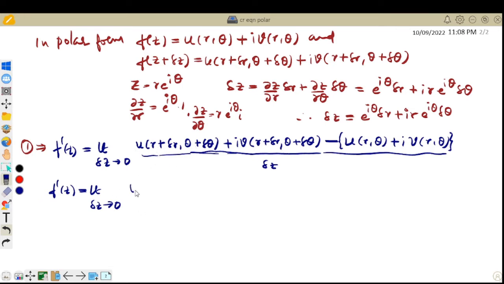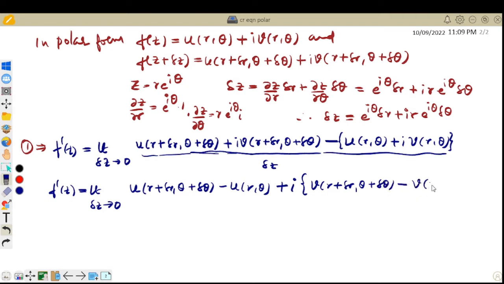So first write u(r plus delta r, theta plus delta theta) minus u(r, theta), and i v(r plus delta r, theta plus delta theta) minus i v(r, theta), so you can take i common and write the remaining one, that is v(r plus delta r, theta plus delta theta) minus v(r, theta), divided by delta z.